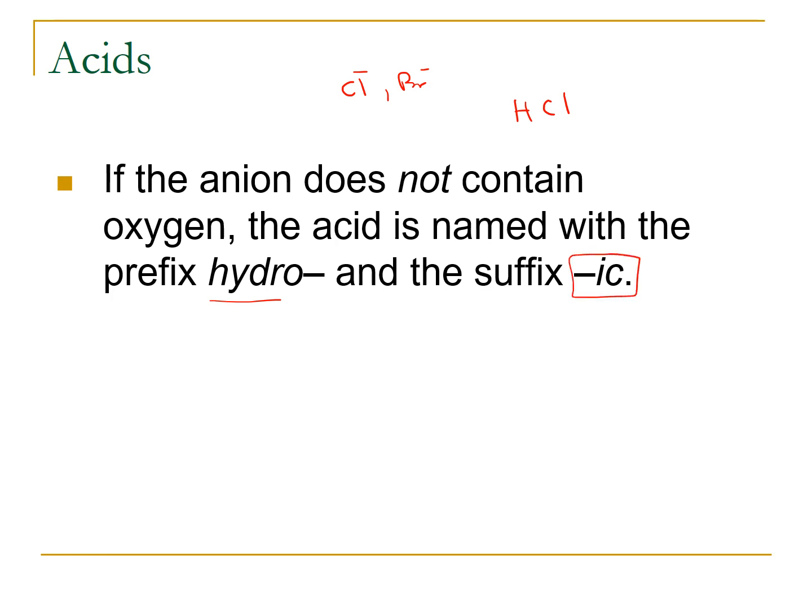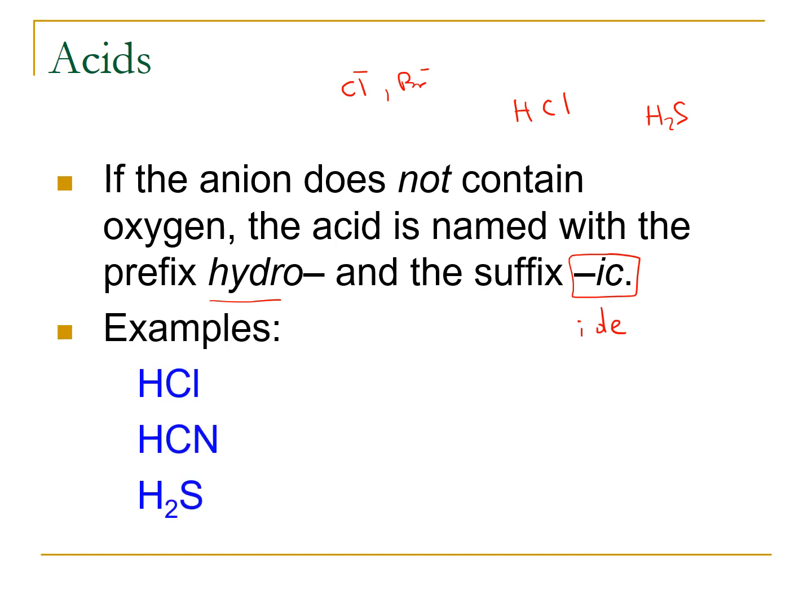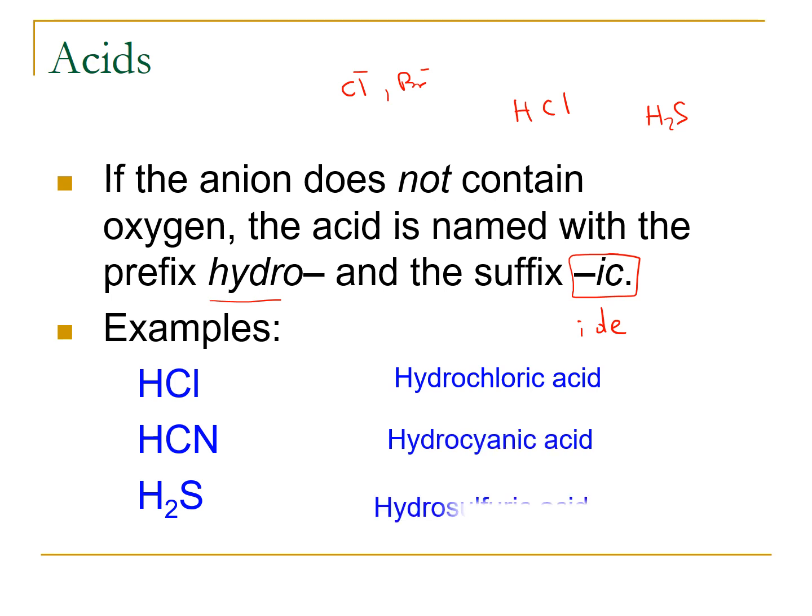So we change the ending from "ide" to "ic," and we call these hydrochloric acid, hydrobromic acid, hydrosulfuric acid, etc. So that's one type of acid. So here we have it, the hydrocyanic acid as well.